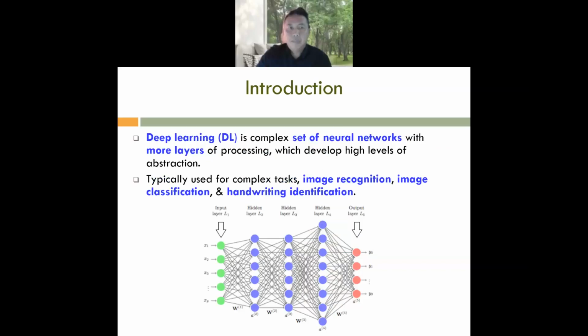So they are more powerful compared to other methods. If you are dealing with images or handwriting identification, deep learning is the best approach. Of course, the only disadvantages of neural networks are that you need to provide a lot of examples, a lot of samples for them to learn, and they also have so many parameters that you need to tune in order to maximize the performance of your deep learning.